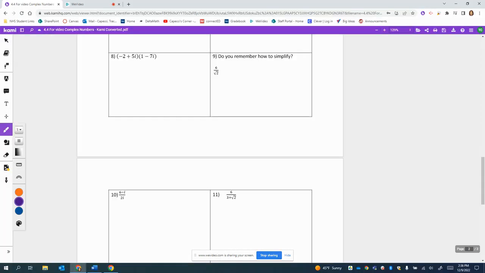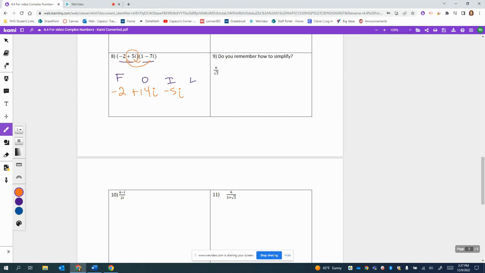Okay, we've been working with adding, so now we're going to do some multiplying. So in number 8, we have 2 binomials. So we're going to use FOIL like you've done in the past with binomials. So my first is going to be negative 2 times 1, which gives me negative 2. My outside, negative 2 times negative 7i, gives me positive 14i. And my inside gives me negative 5i.